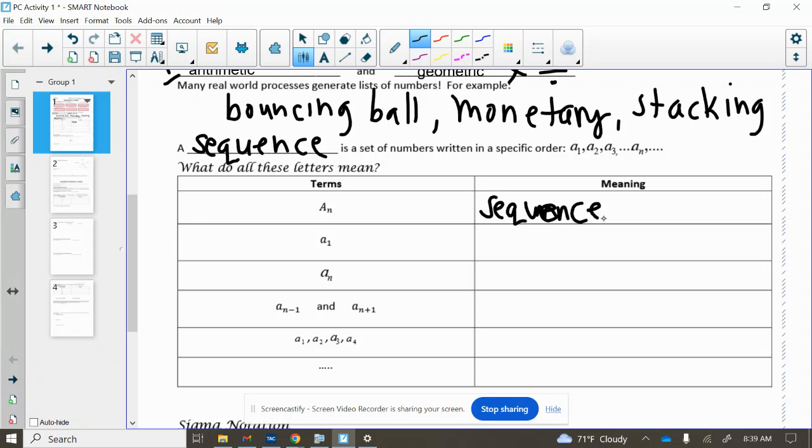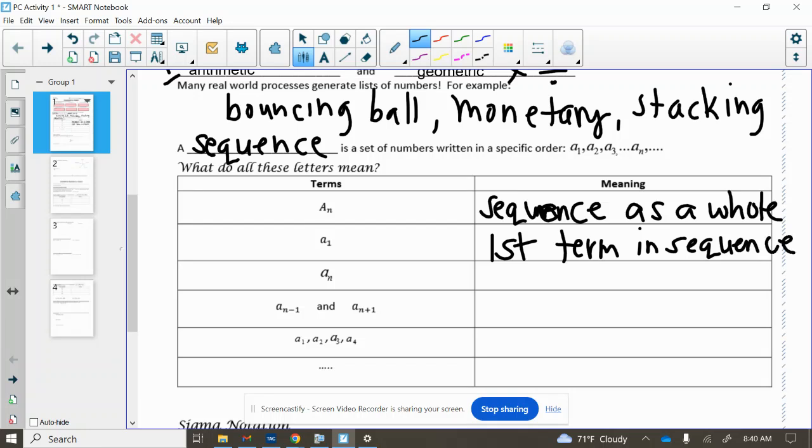When we see that capital letter, that's talking about the whole sequence all as one. The A sub 1, when you see that first number, that means that's our first term in our sequence, specifically the very first starting value. A sub n is what we call the nth term in a sequence.